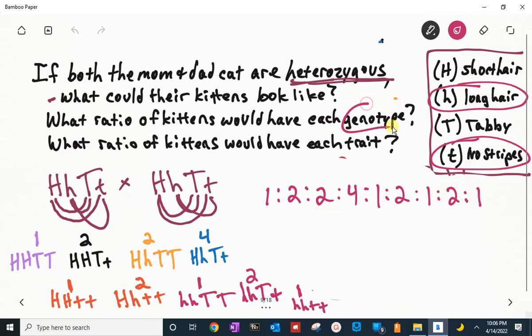So that's the genotype ratio of kittens that would have each genotype.